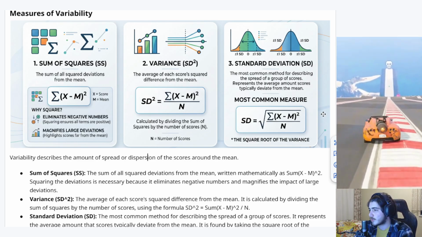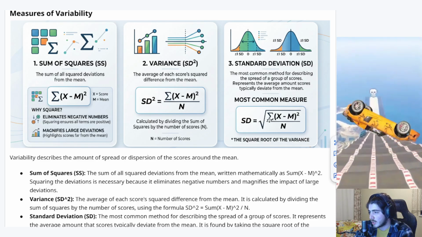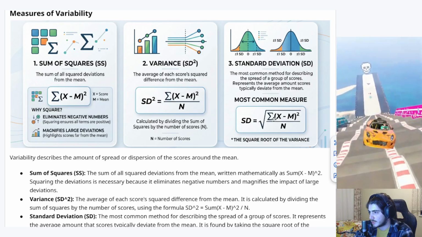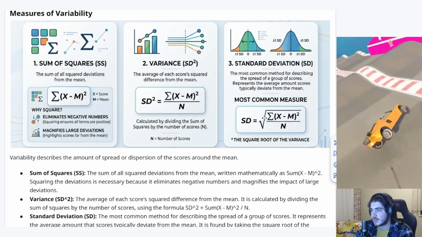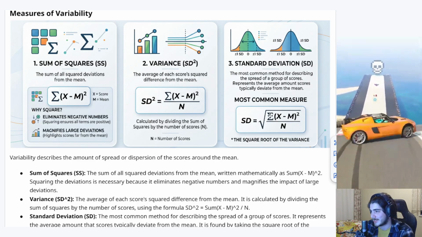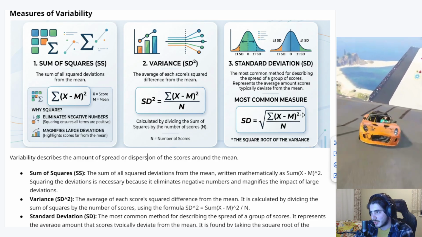So what is the formula for the standard deviation? You take the sum of individual score minus mean squared. Okay? Sum of the squares. Individual score minus mean squared.